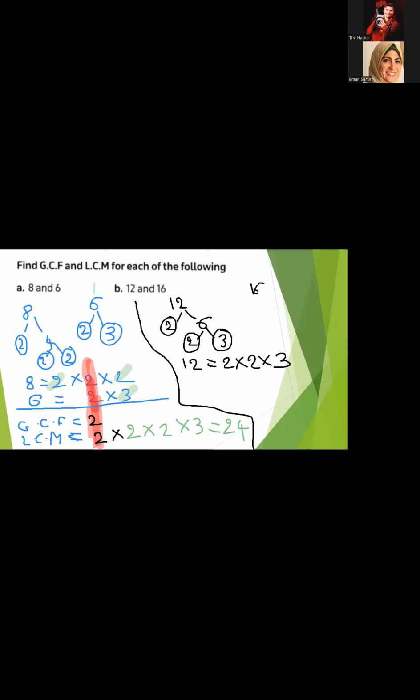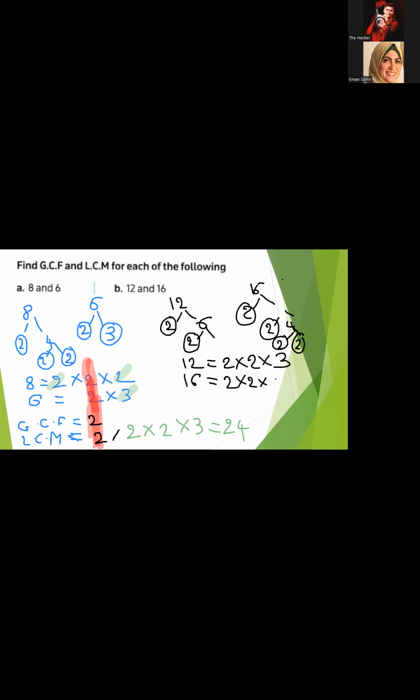Then I go to factorize the 16 into 2 and 8. Factorize 8 into 2 and 4. Then factorize the 4 into 2 and 2. I write the 16 as 2 times 2 times 2 times 2.